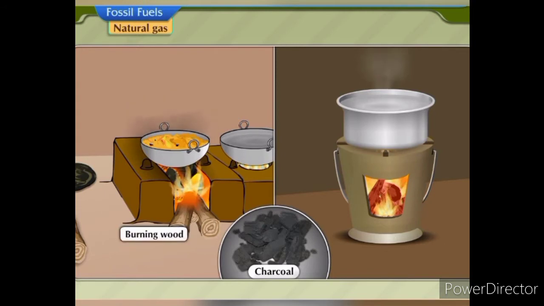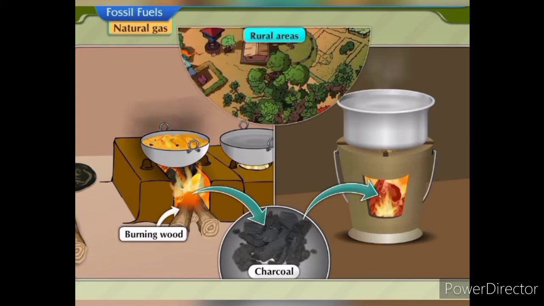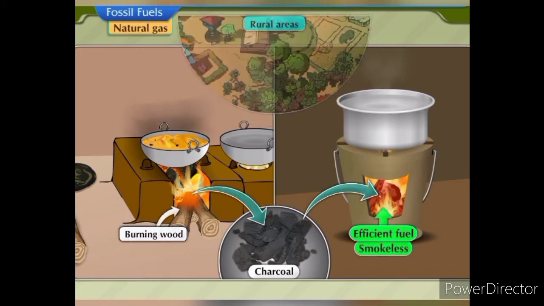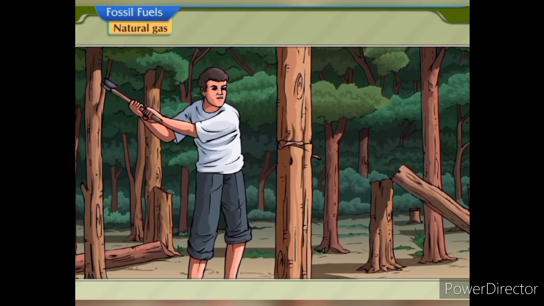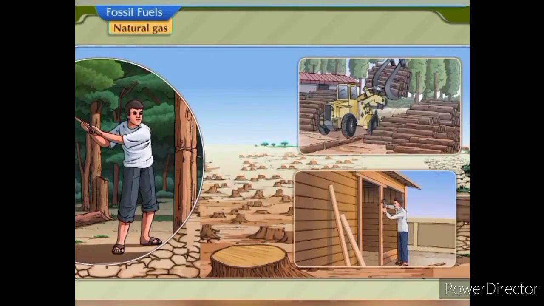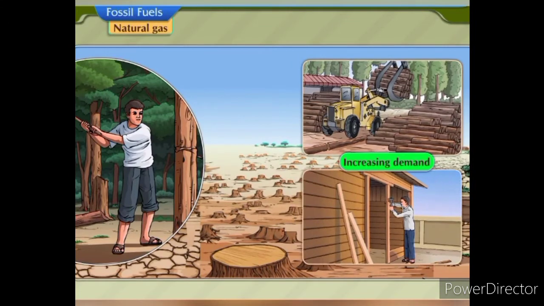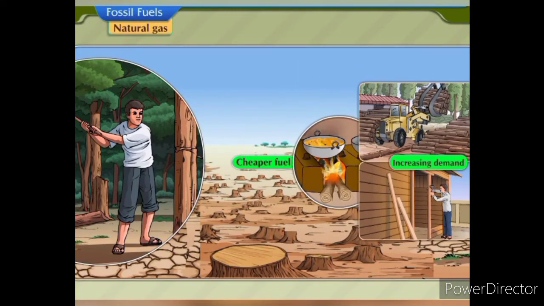Charcoal, which is obtained by burning wood, is also a common fuel in the rural areas. Charcoal is preferred to firewood because it is a more efficient fuel than wood and burns smokeless. But it is a matter of concern that forests are being cut down to meet the increasing demand of wood, which is a cheaper fuel.